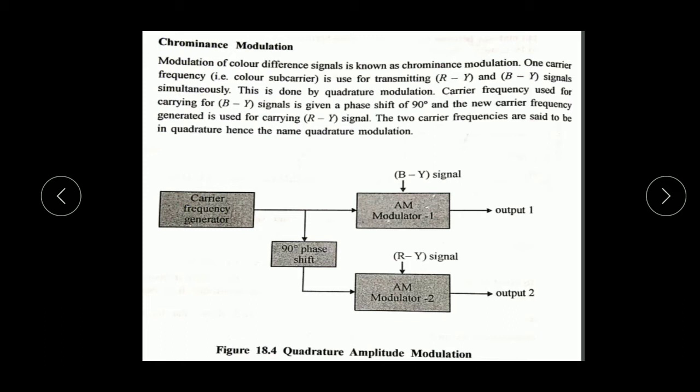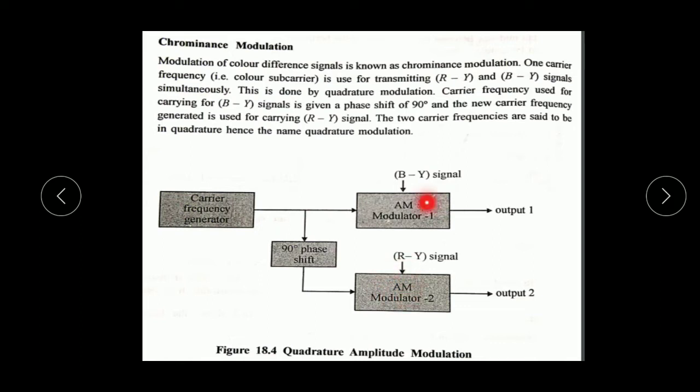Basically, in this modulation we use the quadrature modulation scheme. In quadrature schemes, the bandwidth is the same for both signals, but the two signals have a phase difference of 90 degrees. This is the single carrier, and this is modulator 1 and this is modulator 2.